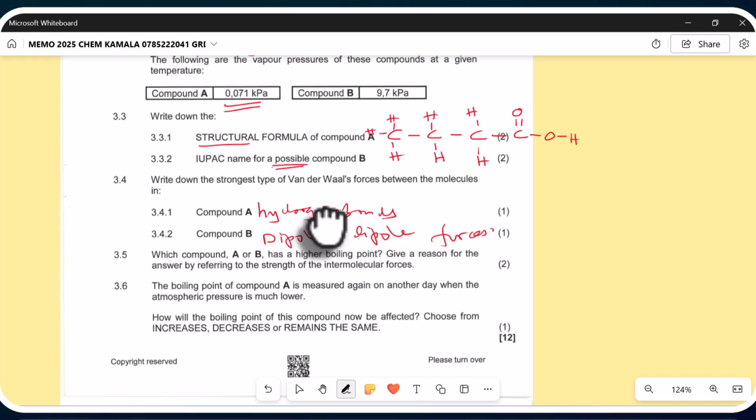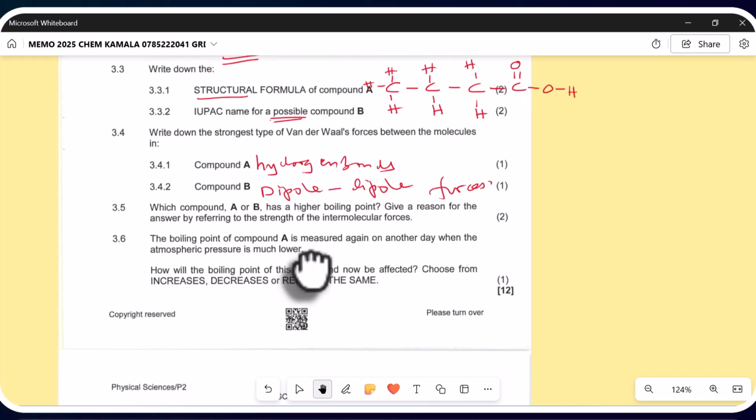Hope we are together. Then they say 3.6, the boiling point of compound A is measured again on another day when the atmospheric pressure is much lower. How would the boiling point of this compound now be affected? Choose from increase, decrease, or remain the same. Now, what is boiling point? Boiling point is the temperature at which the vapor pressure of the liquid, in this case compound A, is equal to the external atmospheric pressure.